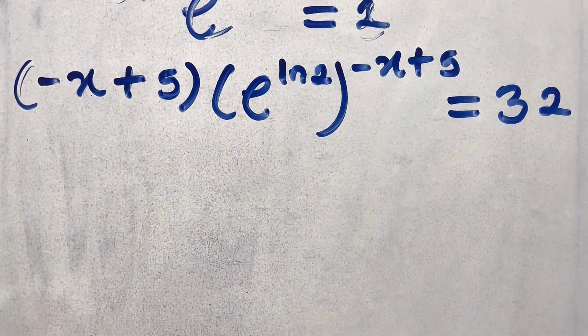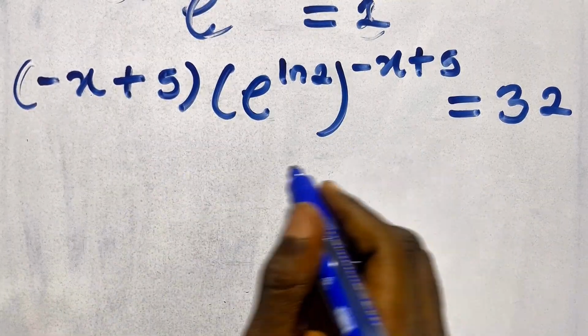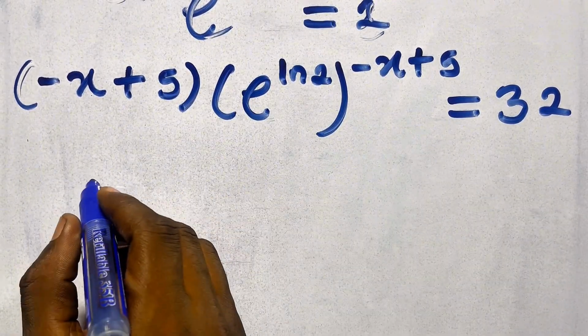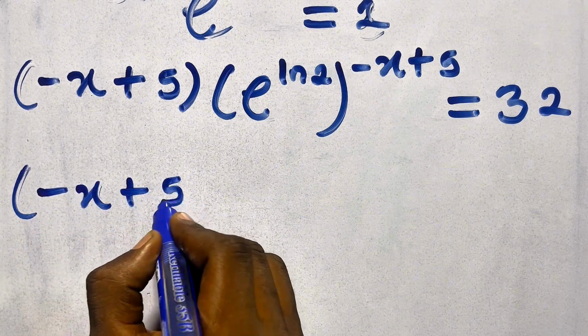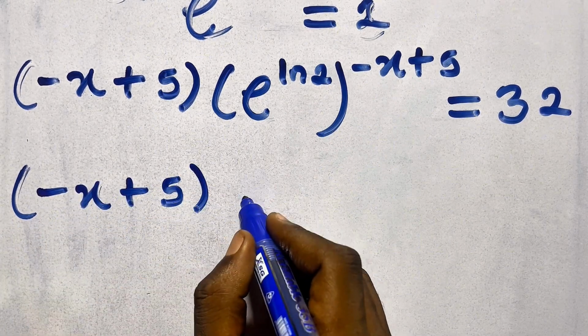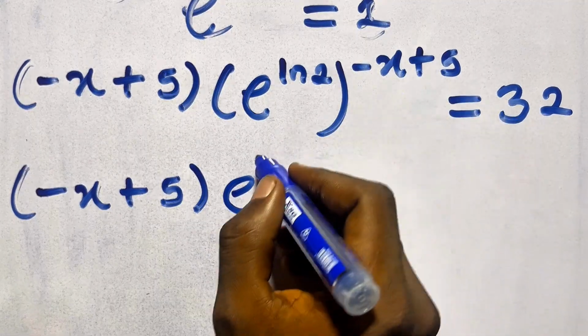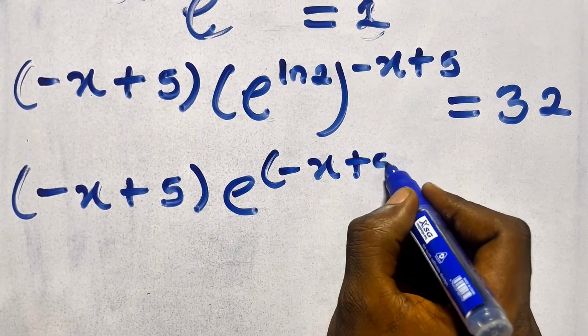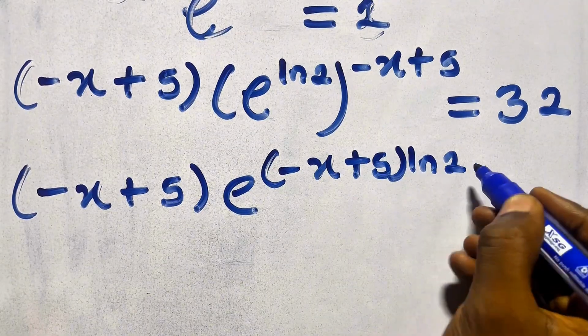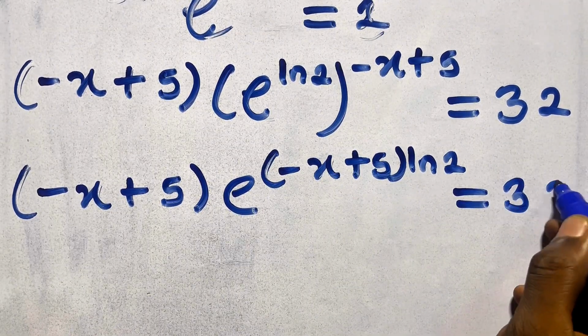Now let's rewrite this to be minus x plus 5, then exponential of minus x plus 5 times ln 2 equals 32.